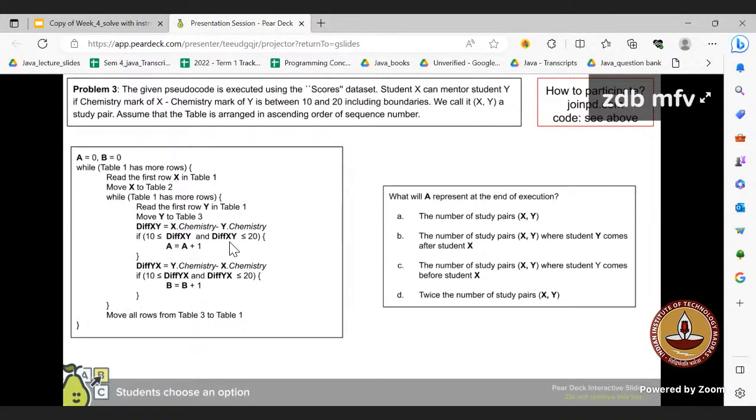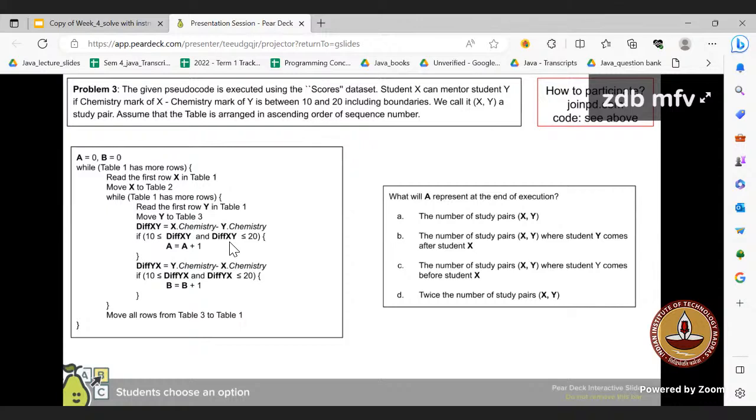Yes, ma'am. Can you check the question? Here student X can mentor student Y if the chemistry marks of X minus chemistry marks of Y is between 10 and 20, including the boundaries. We call it X comma Y a study pair. So when you are calling X and Y a study pair, the difference in their chemistry marks is between 10 and 20, right?